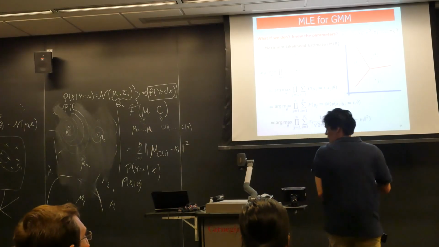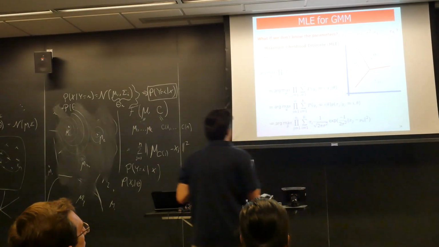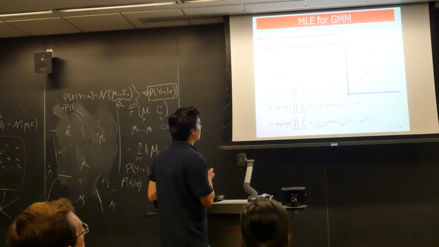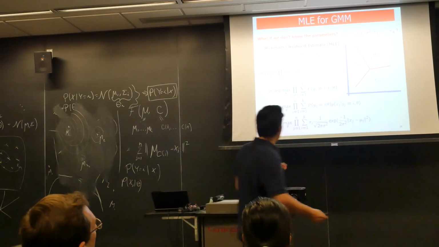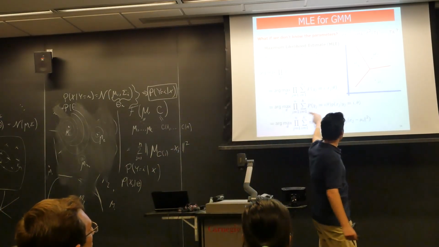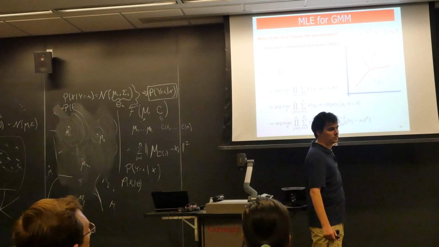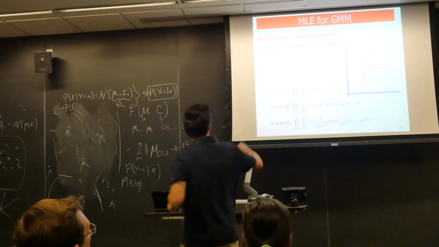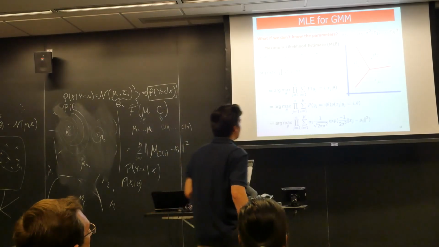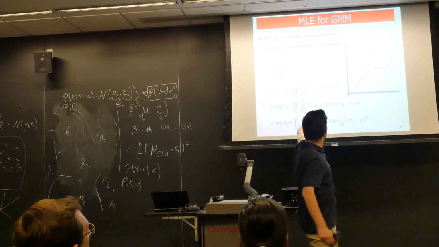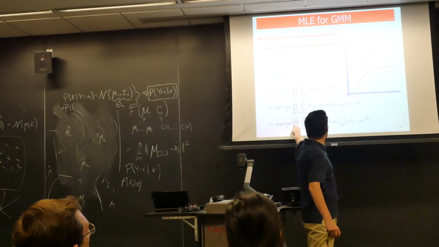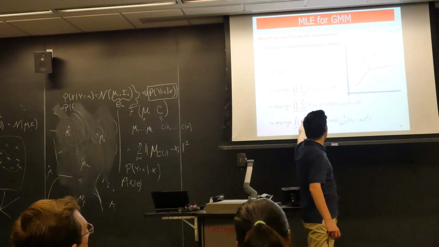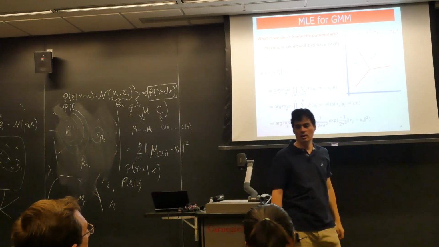Okay, so finally, if I want to find theta using maximum likelihood estimation, I just need to find that theta that maximizes this. This is the likelihood function. To simplify our life, we can take the logarithm to get rid of this product, and we will get the logarithm of this sum here.